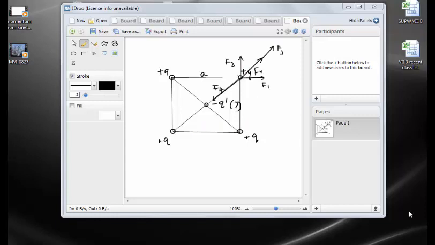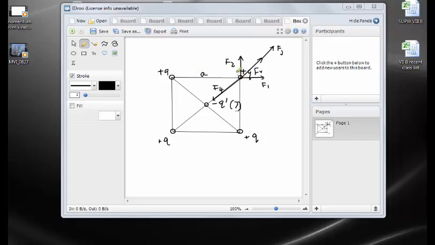Let us first analyze the situation. Let us concentrate our attention on the charge which is at the right hand upper corner of the square, and see what forces are acting on this charge.